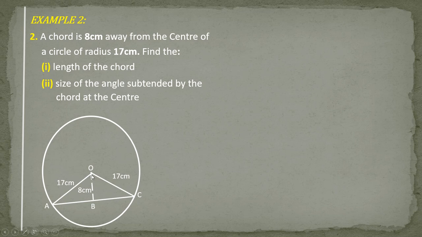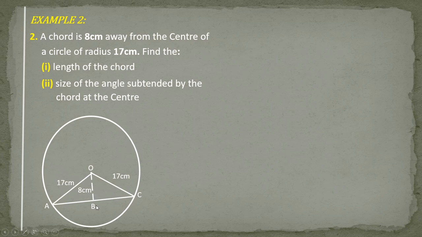So this distance from the center to the chord, the 8 centimeters, you realize that this distance from O up to B will be perpendicular to the chord AC. So meaning that this angle here is supposed to be 90 degrees. That is the analysis of the question. Once I draw this from O up to B, this is going to be 90 degrees.